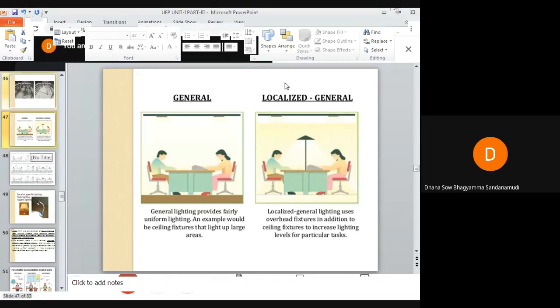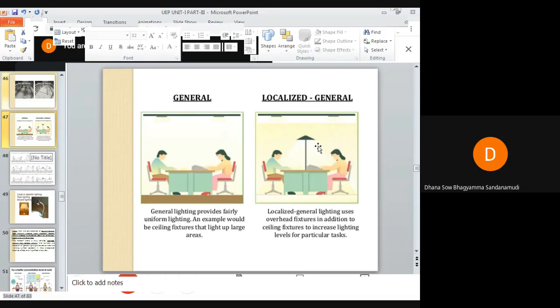Now, localized lighting along with the general lighting. Just now I told you there are lamps fixed at the ceiling here. Along with the general lighting, you have a table lamp here. So already the room was illuminated by the ceiling lighting.